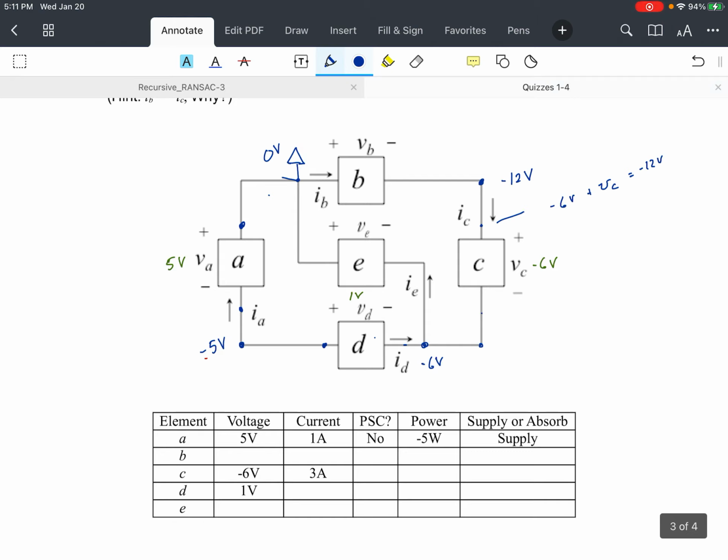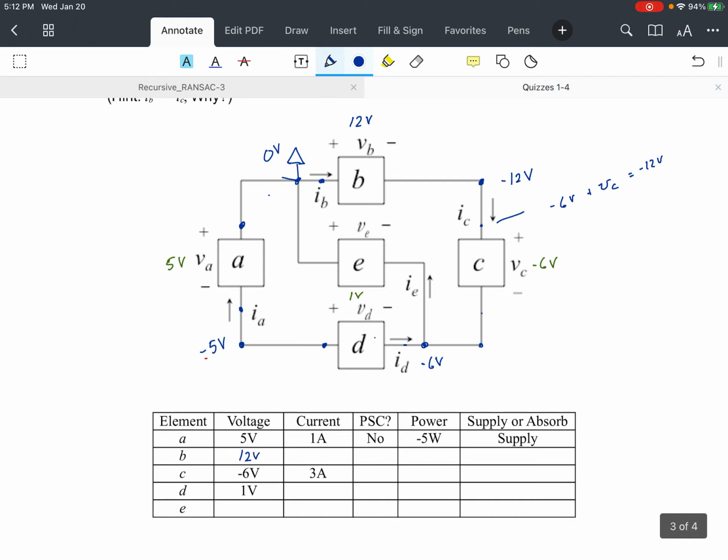So this location must be minus 12 volts relative to that location. And we know that this location is VB higher than that. So VB has to then be 12 volts. So this location, which we've arbitrarily labeled as 0, and given that label, we end up with minus 12 here. VB has to be 12 volts.